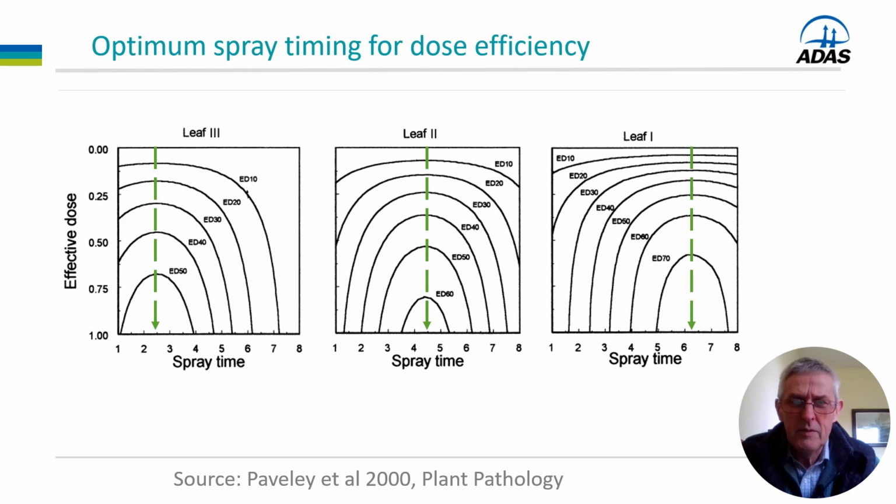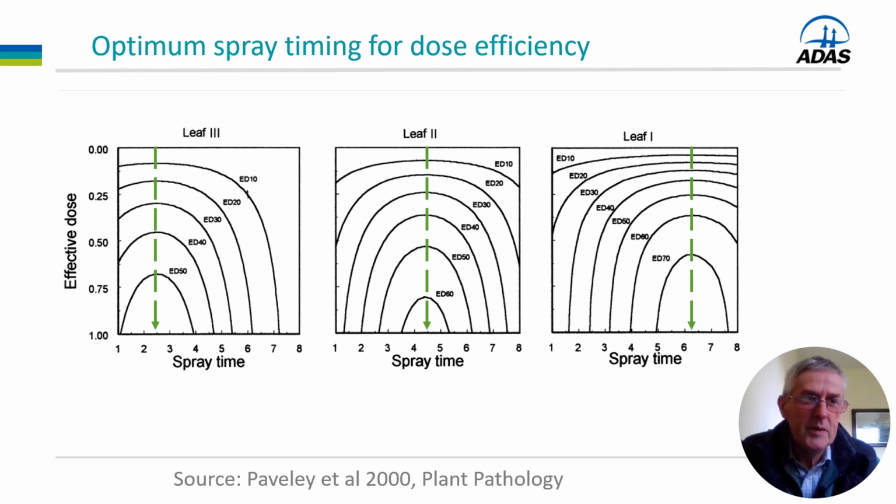If we look at the upper 3 leaves in the canopy from the same set of experiments, we got very similar patterns of effect across sites and seasons doing this experiment. What we can see is that the optimum timing for leaf 3 was earlier, as you might expect, because that leaf comes out earlier.